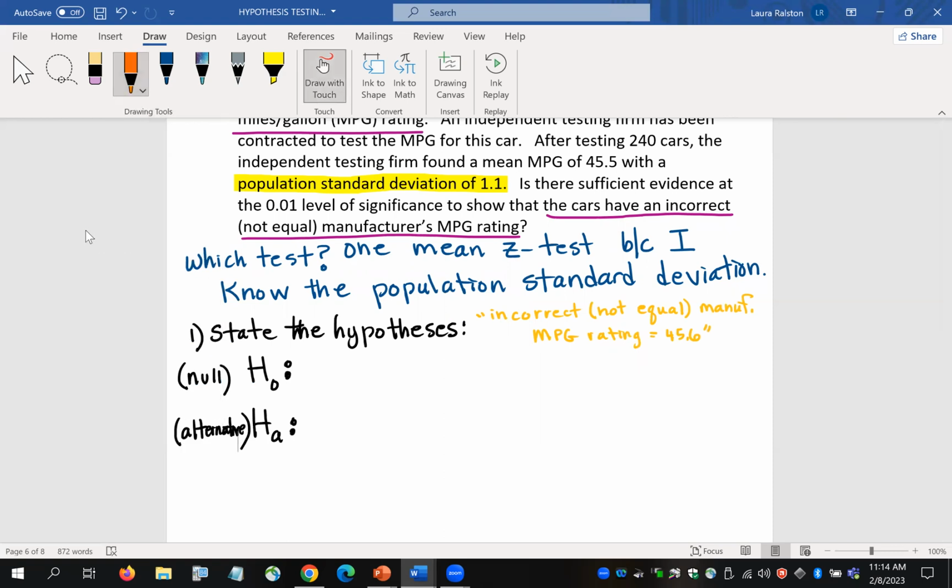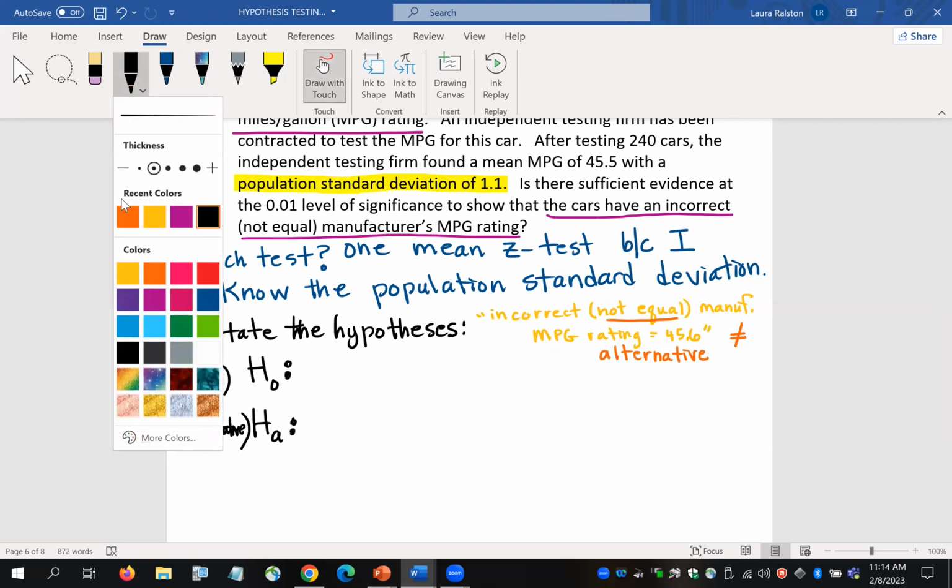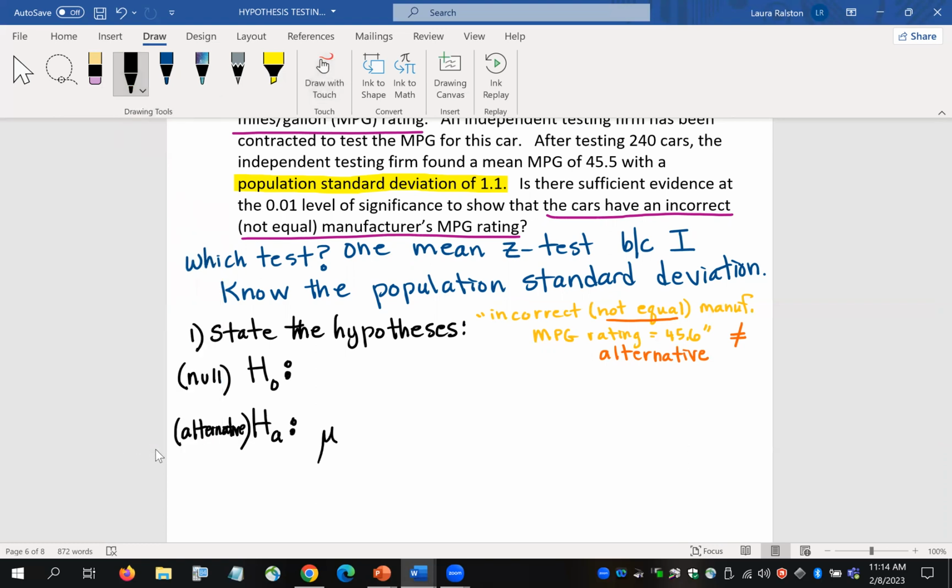Not equal is the symbol, the equal sign with a slash through it. Again, not equal, that's going to be the alternative. So in my alternative hypothesis, I would write that the mean is not 45.6 miles per gallon. And again, that's the one that's given.